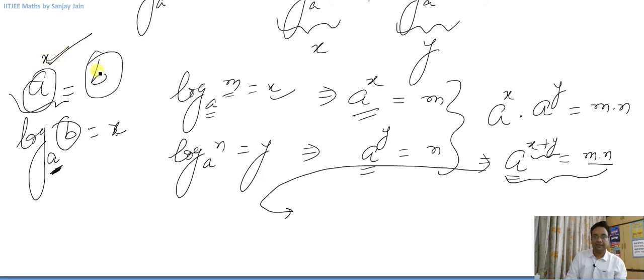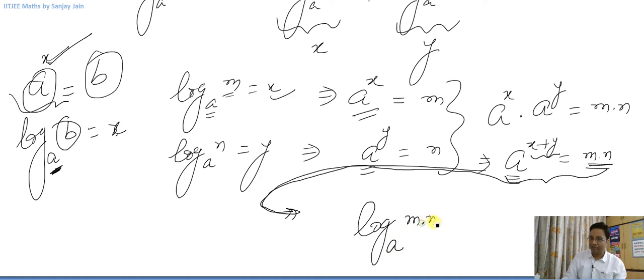So it was x. So here if I use this same definition, to what power should I raise a to obtain mn? And I write it in the language of log. So base should be a and argument should be mn, and it is equal to power x plus y.